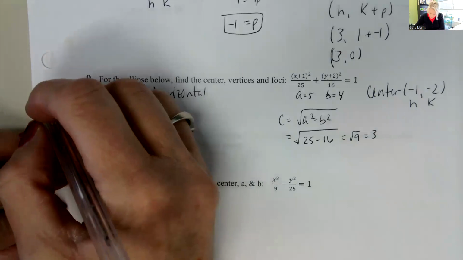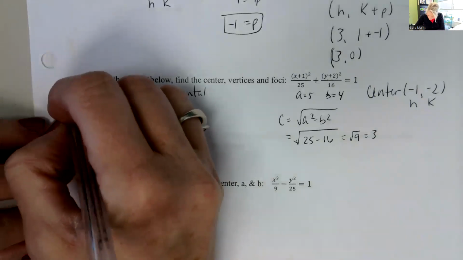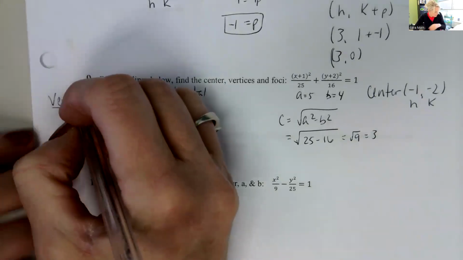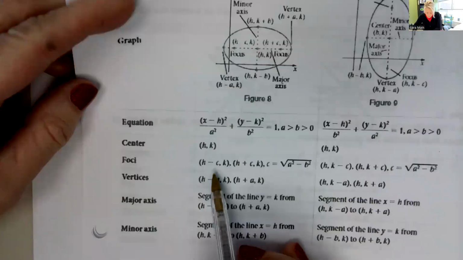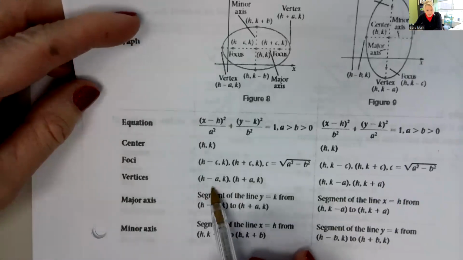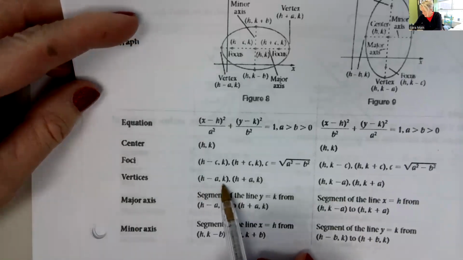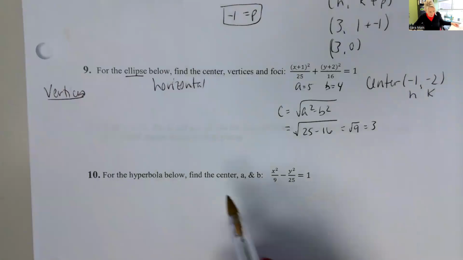And so I'm going to find my vertices, because there are 2 of them. My vertices are h minus a comma k, and then h plus a comma k.